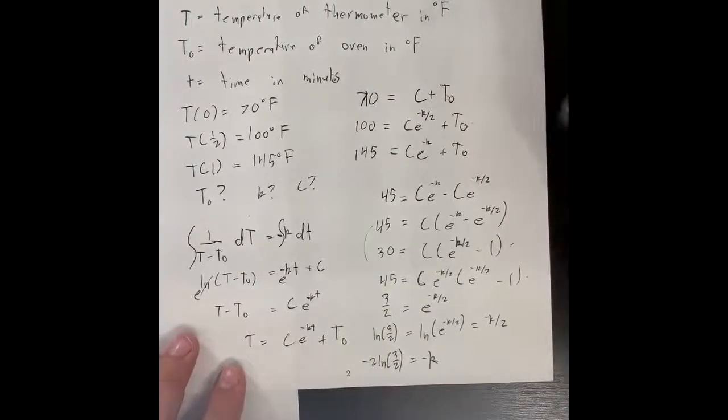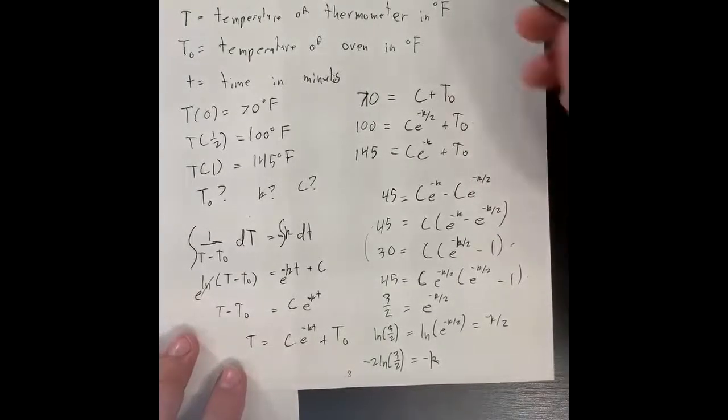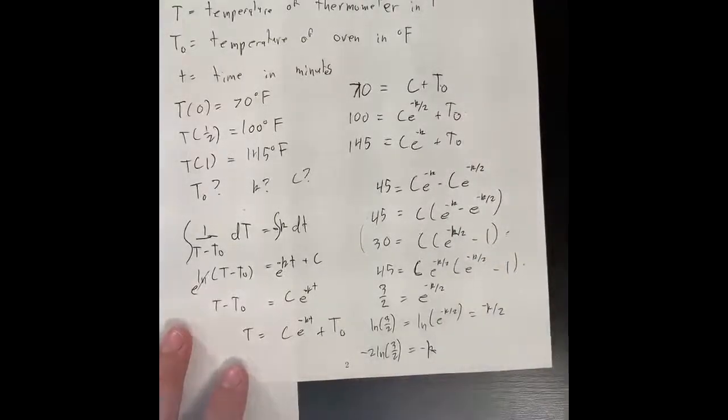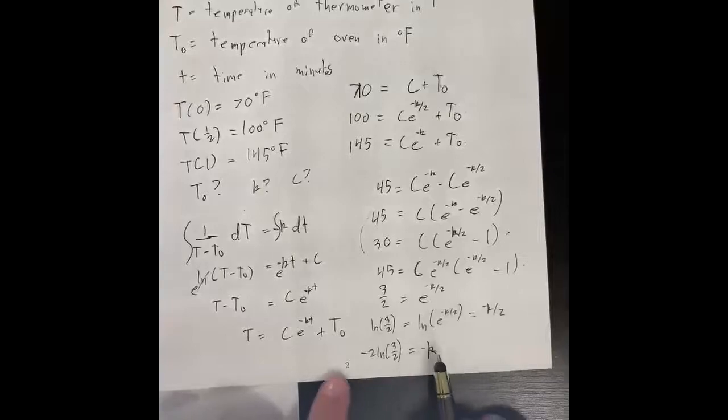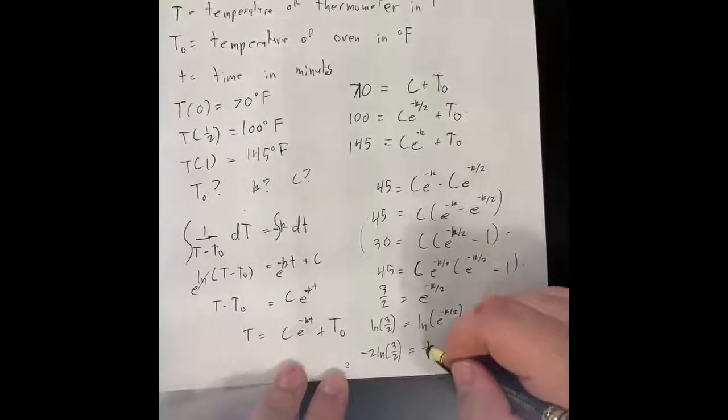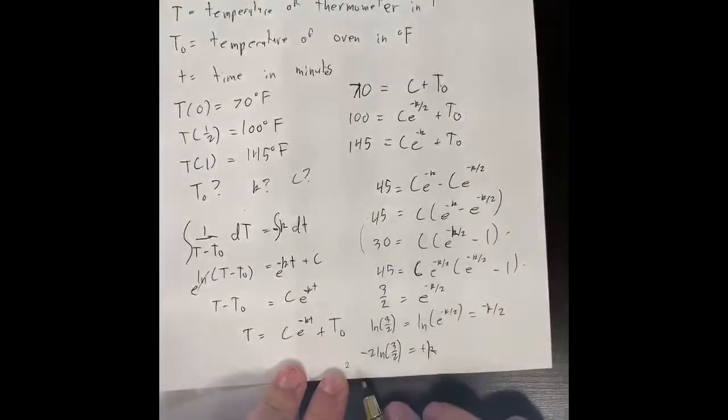The only thing I see is at the very bottom, you have negative k is equal to negative 2 natural log 3 halves. Yeah, so let's double check positive that k here. Negative k. So I think, yeah, positive k, negative 2.